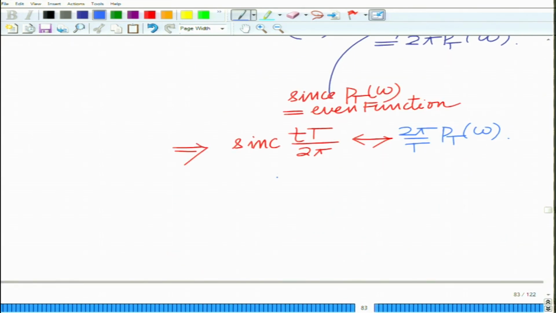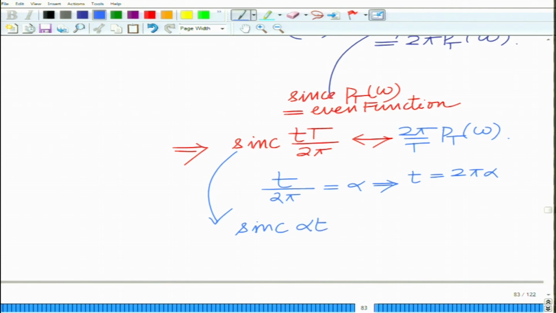Now, set t over 2 pi equals alpha, which implies t equals 2 pi alpha, and therefore, from here you will have sinc of alpha t has the Fourier transform which is 2 pi over t.